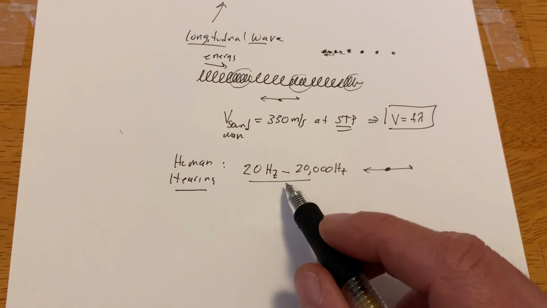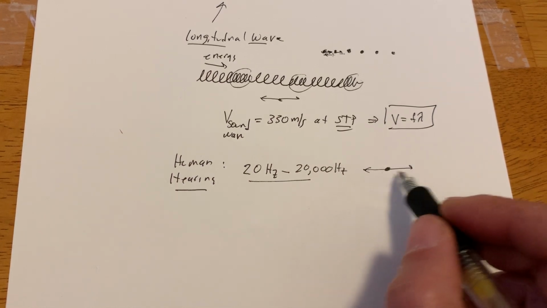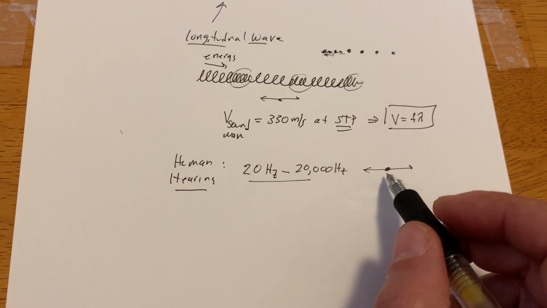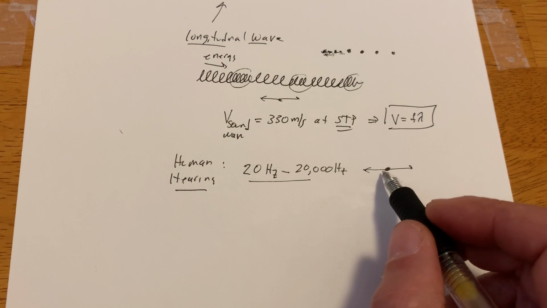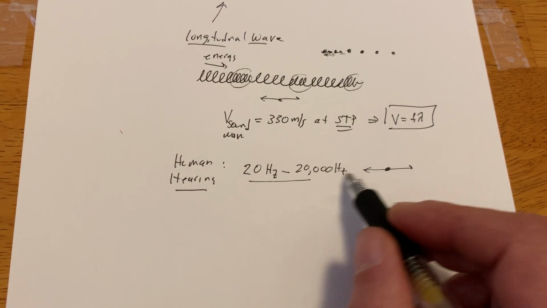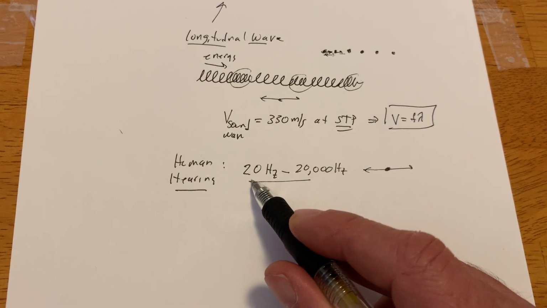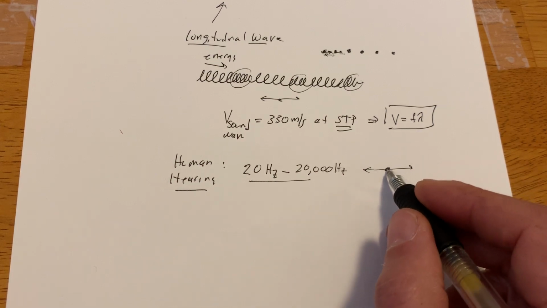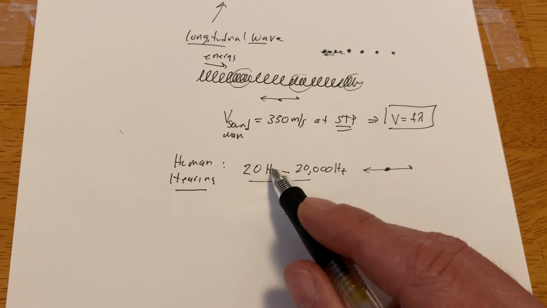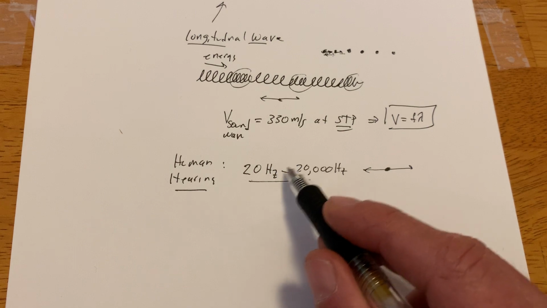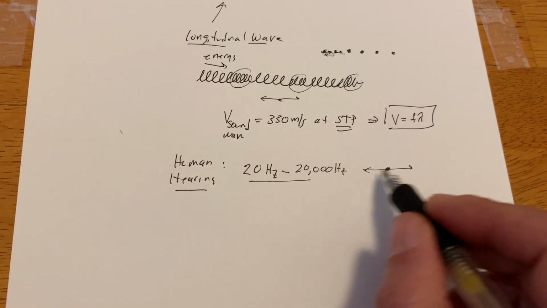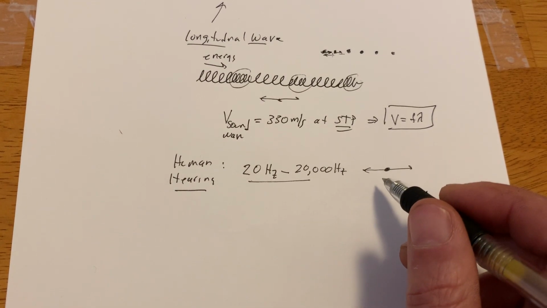Remember what frequency is. Frequency is the number of cycles per second. So if I can get a sound wave to move back and forth about 20 times per second, I can hear that. Obviously, if I take it up to 40, 50, 100, etc., the faster that it wiggles, I can hear that as well.